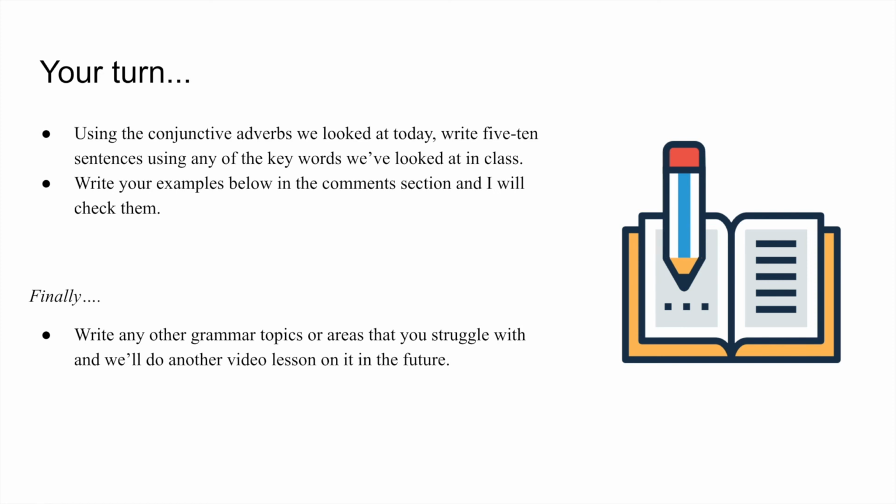If I think you deserve a virtual cookie and I think the sentences are great, I'll give you a virtual cookie. But I want to see how you guys really have understood this lesson and how you are able to contextualize it into sentences and ideas that are true for you. And it's important that when you're writing these example sentences to try to make sure that they reflect the things that are going on in your real everyday life.